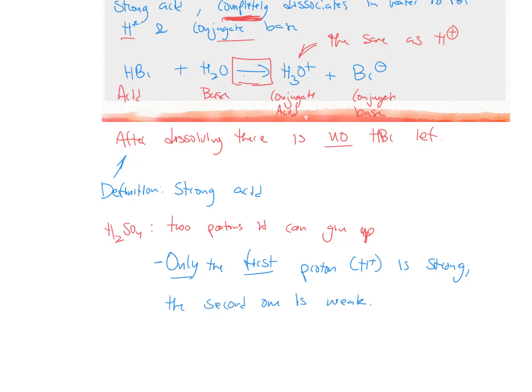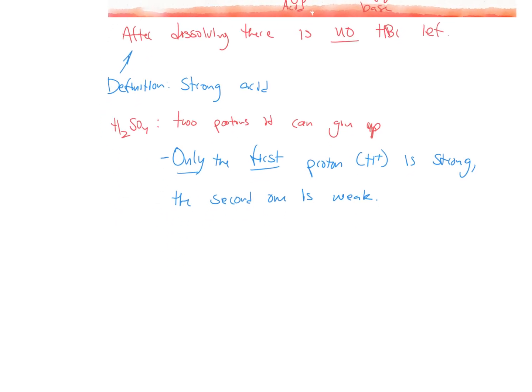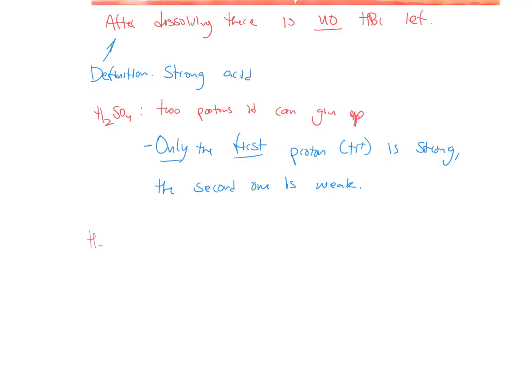So you just need to remember that the first one of H2SO4 is strong, the second one is weak. And so I'm going to actually draw out that equation here so you can see it. H2SO4 plus H2O, that is going to dissociate to make HSO4 minus plus H3O plus. You can still see here that there's a proton. This one is weak. The first one of this is strong.